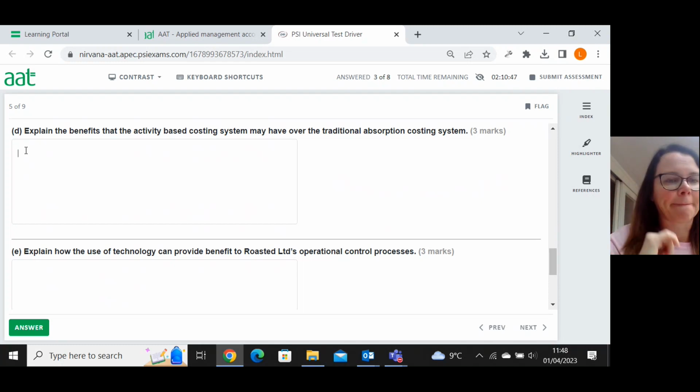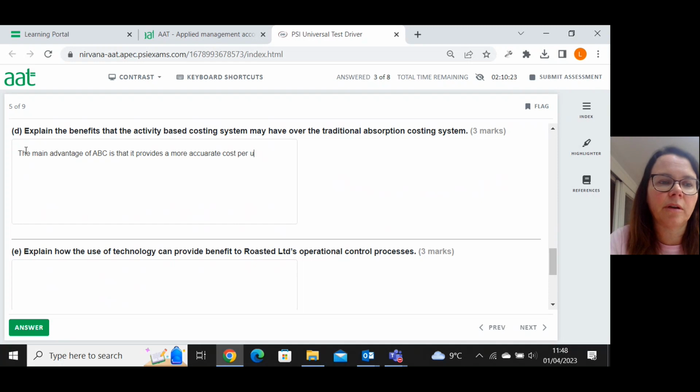So hopefully in your preparation, you have got some advantages of why activity-based costing is a good idea. So I would start by saying the main advantage of ABC is that it provides a more accurate cost per unit.